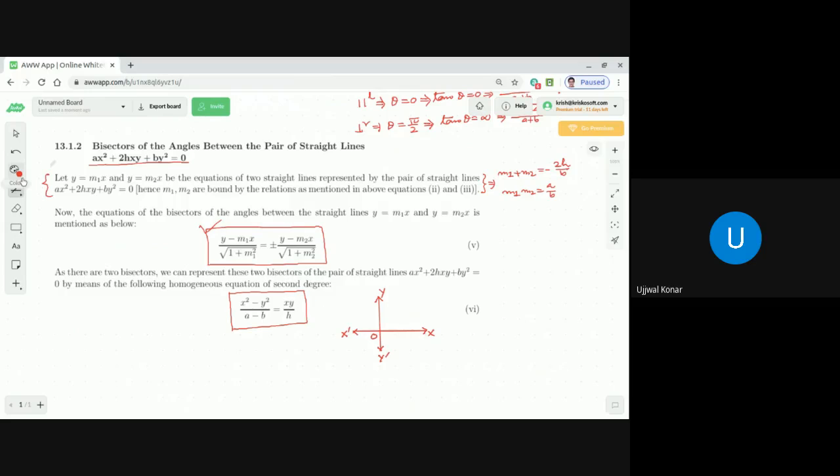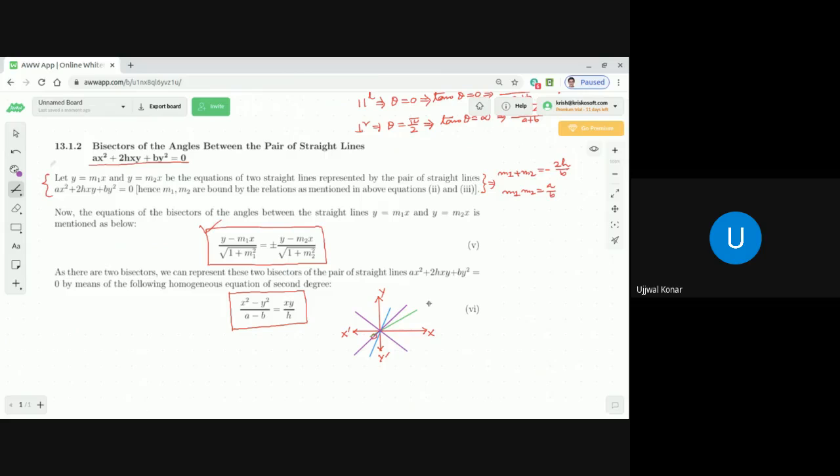Now let's represent a straight line. Suppose this is one straight line in green color, and that is another straight line; both are passing through the origin. Correct, dear students? Now, what will be their bisectors? One will be the acute angle bisector, and another one will be the obtuse angle bisector. So these are the bisectors, right?